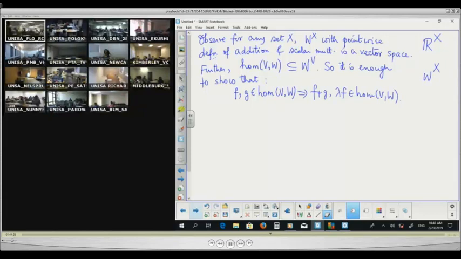That's the identity. So I've shown that zero is there. If I take the sum of two, it is there. The scalar multiple is there. So this uses one of the exercises I showed, about a subset of a vector space. Which I'm using. So now, why should f plus g be linear? Let x and y belong to V, and let me take lambda and mu from R. Firstly I look into f plus g of x plus mu times y.